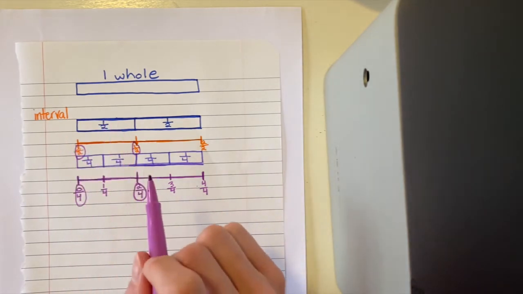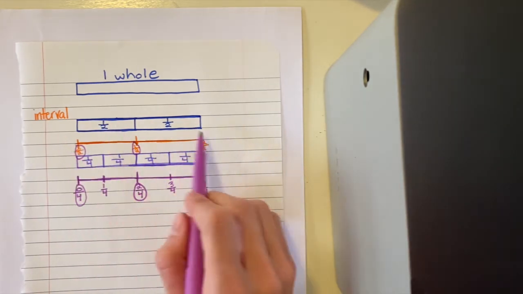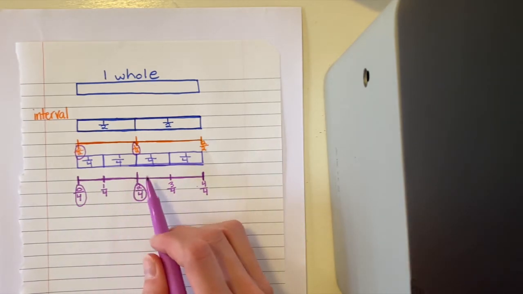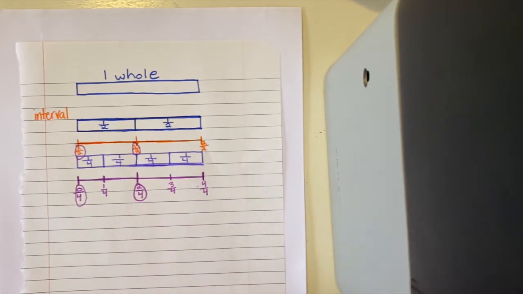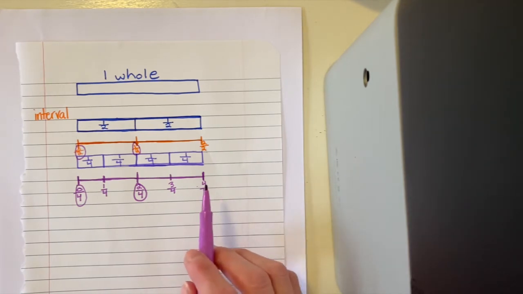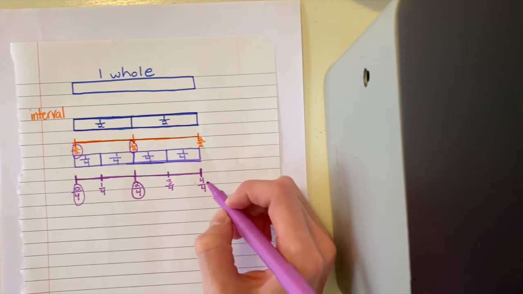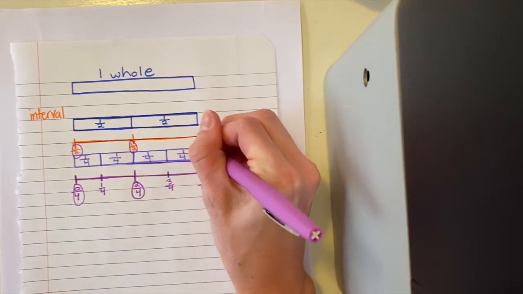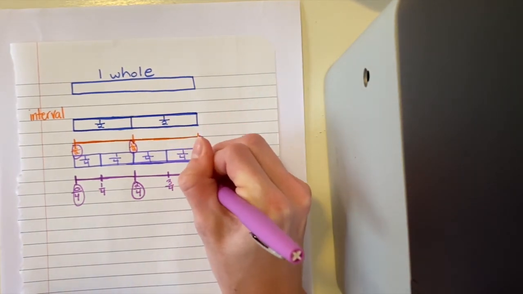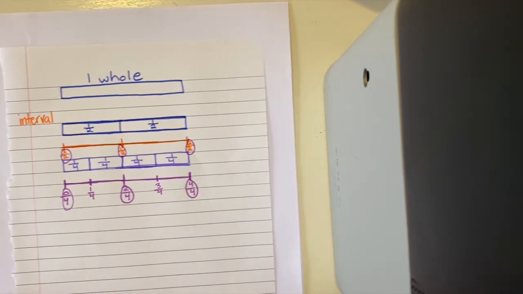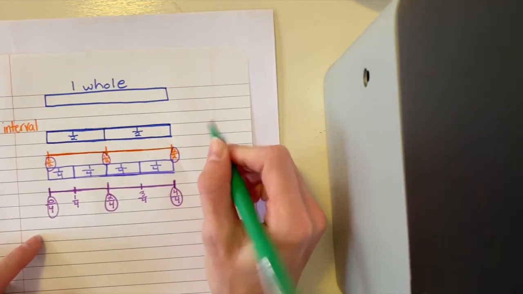Shade in 1 half, 2 halves, you got through the whole number line. 1/4, 2/4, 3/4, 4/4, you've gotten through the entire number line with fourths. Because they fall on the same point of the number line, they would be equivalent, representing 1 whole.